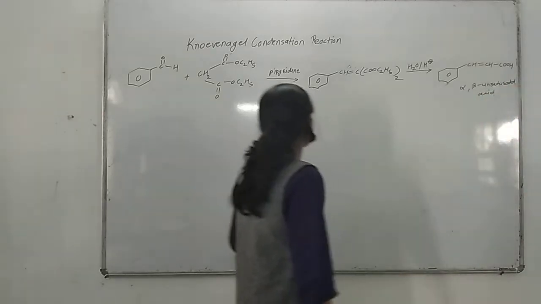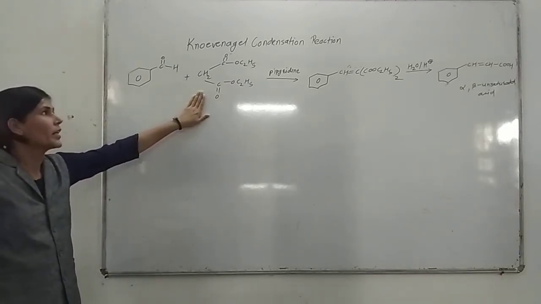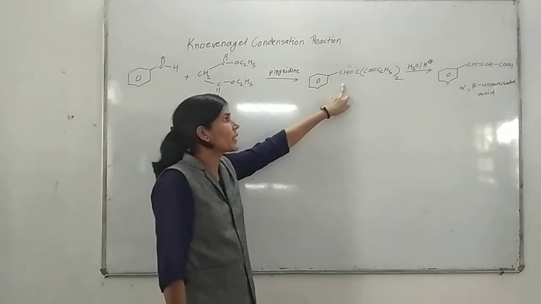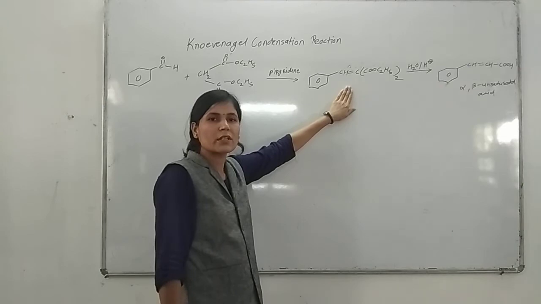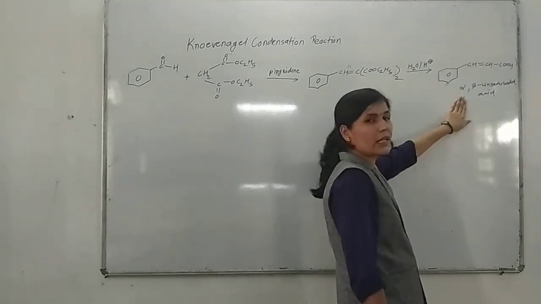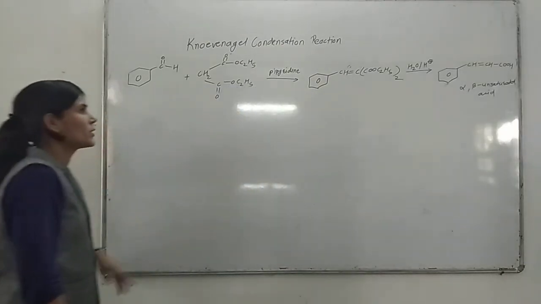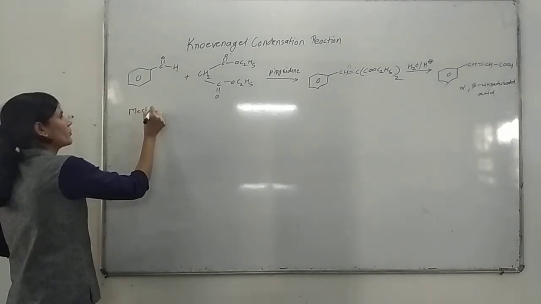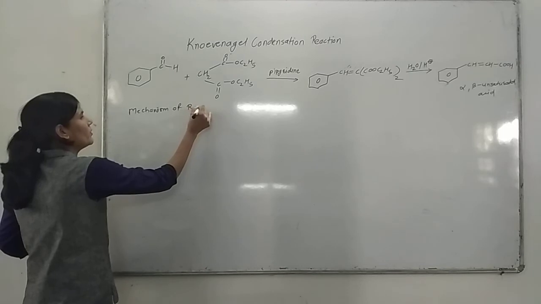When benzaldehyde is treated with malonyl ester in the presence of base piperidine, it gives an alpha beta unsaturated compound, and this alpha beta unsaturated compound upon hydrolysis gives alpha beta unsaturated acid. Now let us move toward the mechanism of reaction.